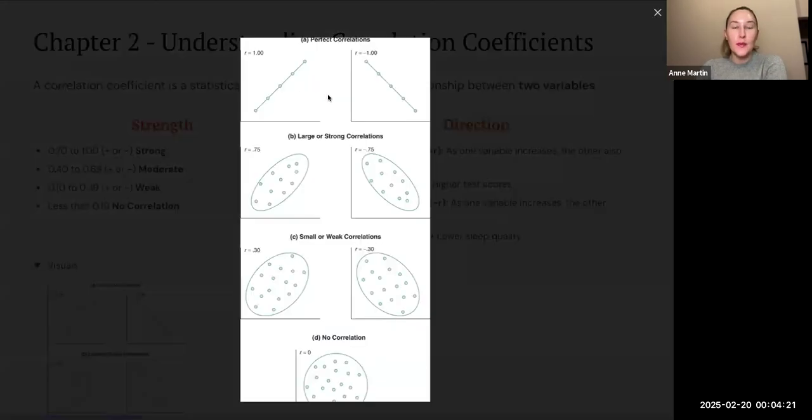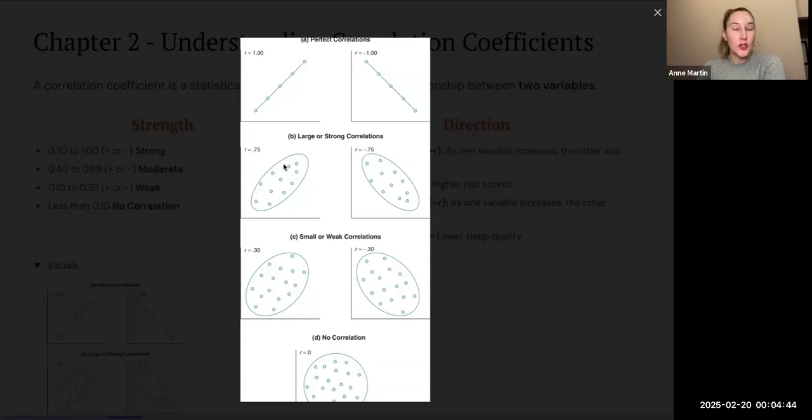I'll show you here. So here you can see these are both strong correlations. You can see R is 1, R is -1. So the closer to 1 or -1, the stronger the correlation. As you can see, this is positive. As one variable increases, so does the other. This is negative. As one variable increases, the other decreases, but these are both strong.